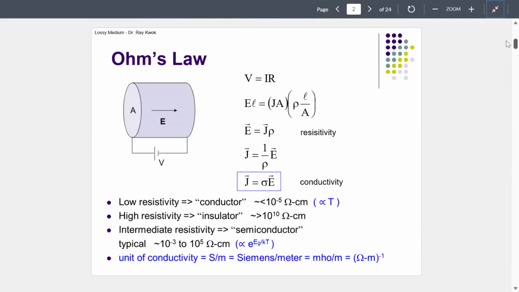So what we have done so far is to look at how the electromagnetic wave propagates in the medium, on the PCB, in air, or in water, or whatnot, under the assumption there's no charge density, there's no current density in the medium, right? And it's a perfectly ideal medium.